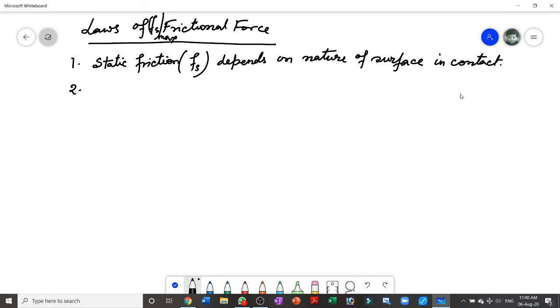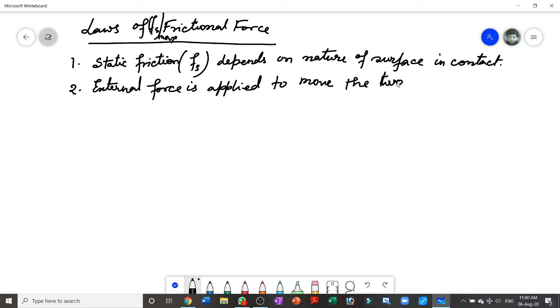Number 2, it comes into existence whenever an external force is applied to move the two bodies in contact relatively.